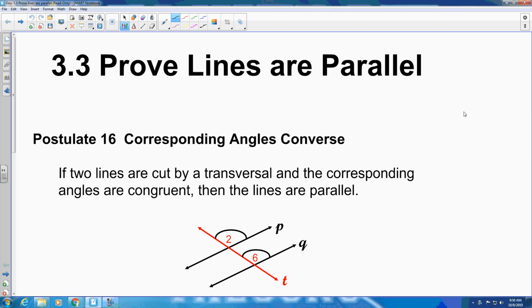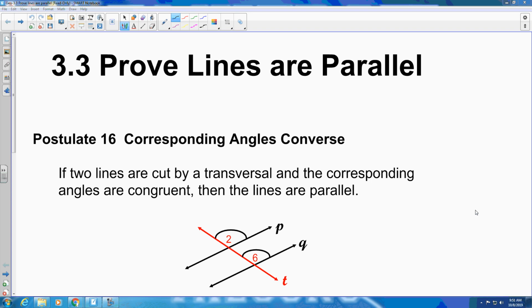All right, we're in section 3.3 where we're going to prove lines are parallel. Still discussing our talking points about transversals, one of the things that was brought up in 3.2 was anytime two lines are parallel with the intersection of a transversal, certain angles were congruent.